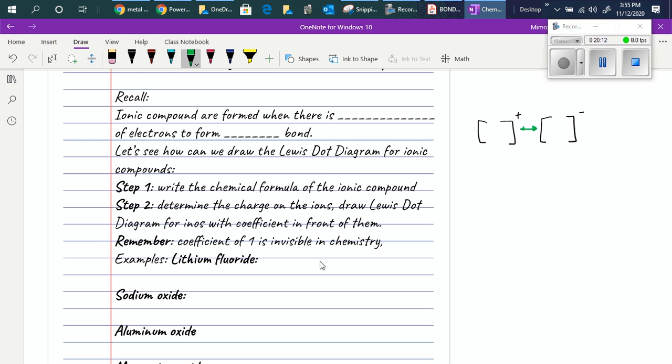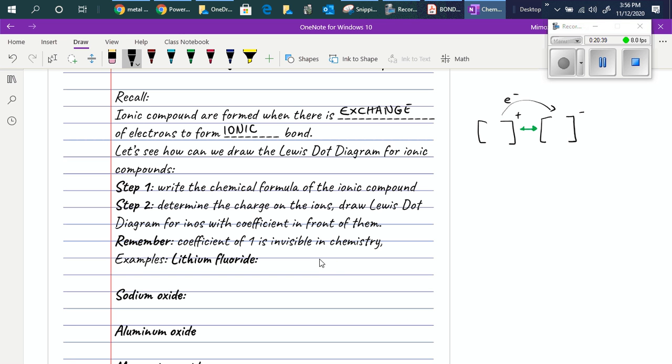So ionic compounds are formed when there is an exchange of electrons. One is losing, the other one is gaining electrons to form the ionic bond. And this force that exists between those two is relatively strong.